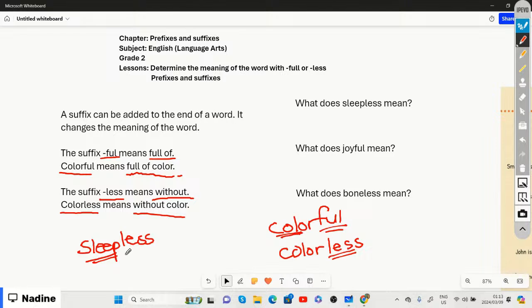But as soon as we add less to it, it means without sleep, meaning that you're not getting the rest, you're not sleeping. So sleep is a word that can stand on its own, and we call that a base word. Now we add our suffix to that base word, and it changes the meaning of the word.